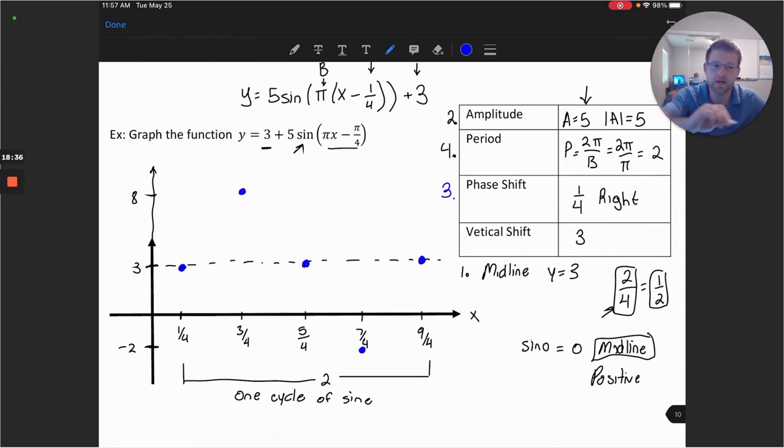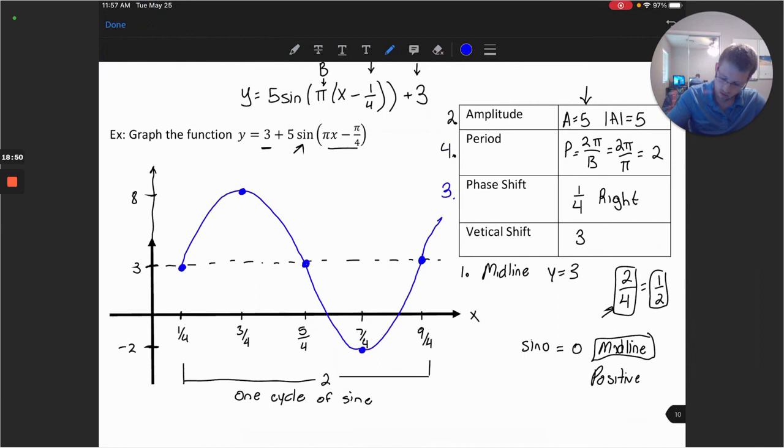So there's my outline of my sine function. We'll finish it off by creating my curve. And there would be our sine curve.